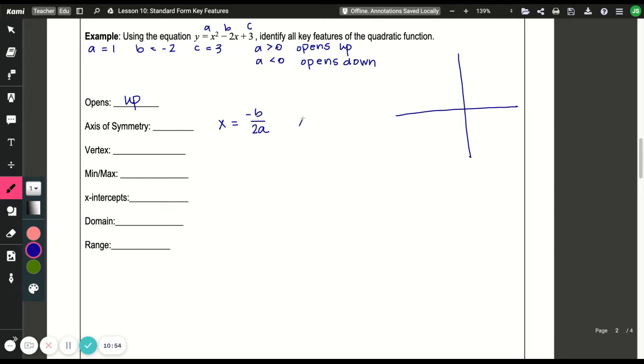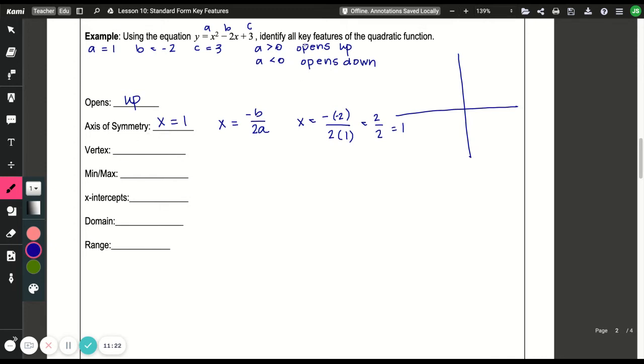So for this example, x equals negative b, which is negative 2, divided by 2 times a, which is 1. So negative negative 2 is 2, over 2 times 1 is 2, which equals 1. So my axis of symmetry is x equals 1.